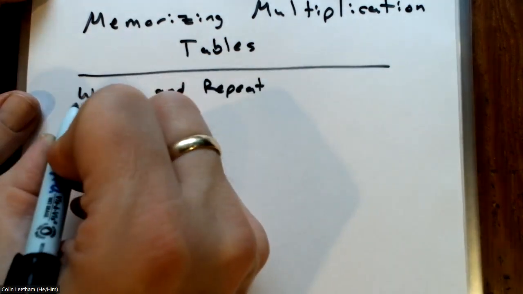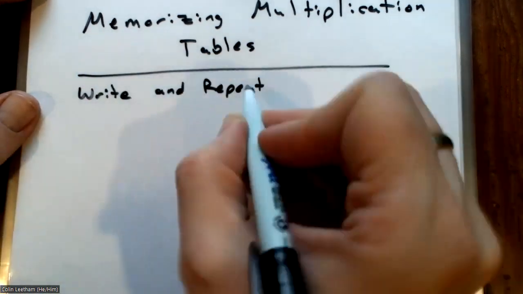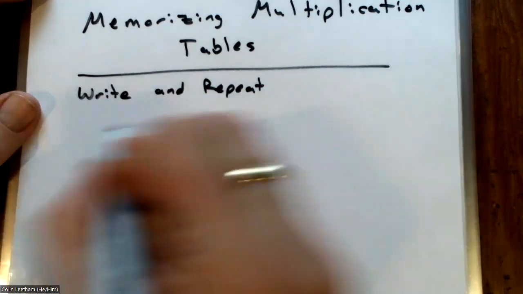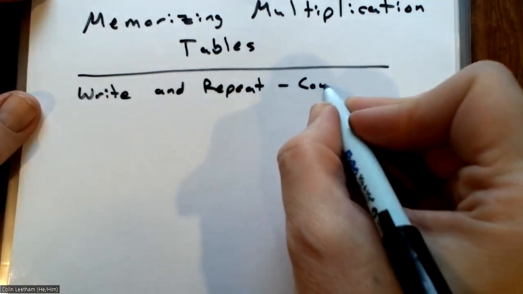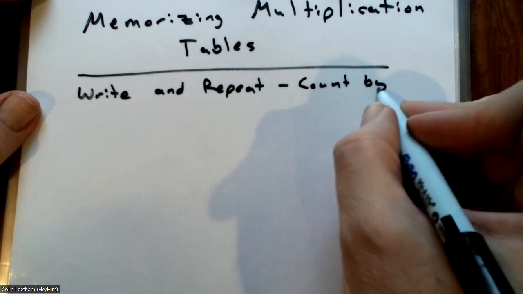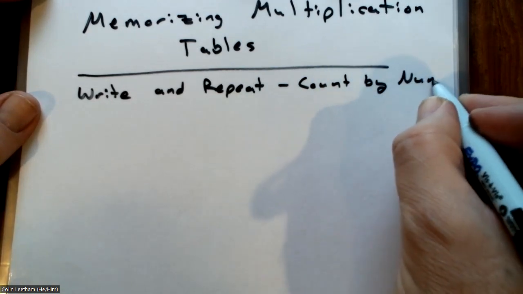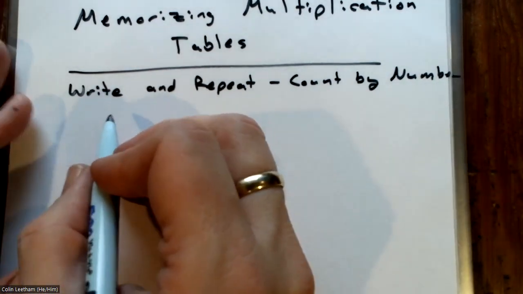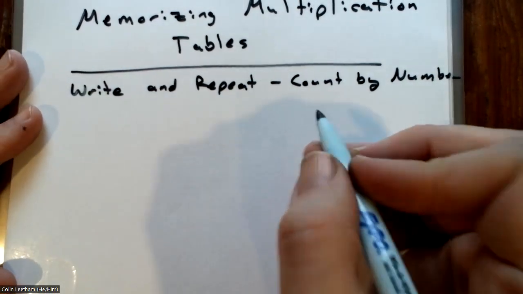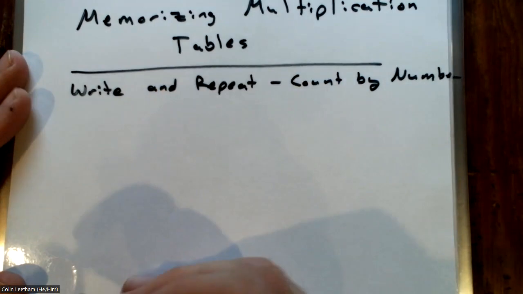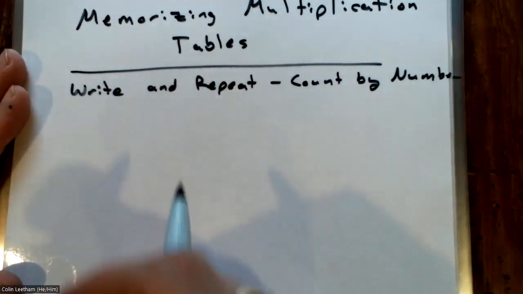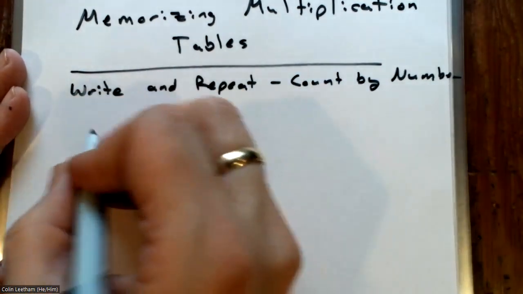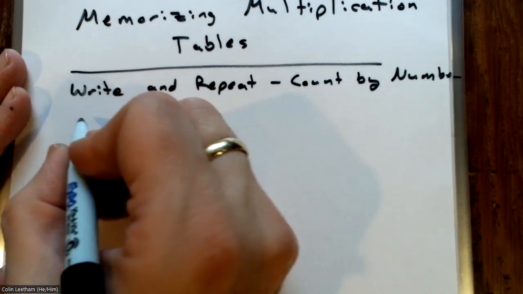What you're going to do with that is count by that number. When you do that, it'll go slow the first few times, but as you go forward, it's going to get a little bit easier and a little bit easier. So let's start with those 3s.